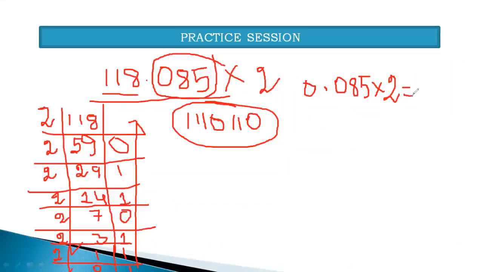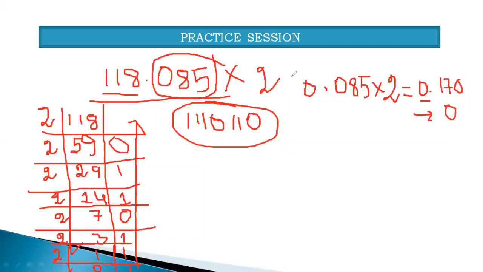So 0.085 multiplied by 2, and you are going to get the answer 0.170. In this, the value before the decimal part will be extracted. So from this calculation, I have extracted the value that is 0.